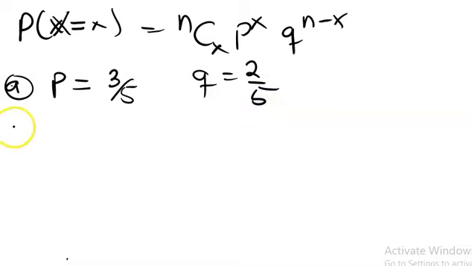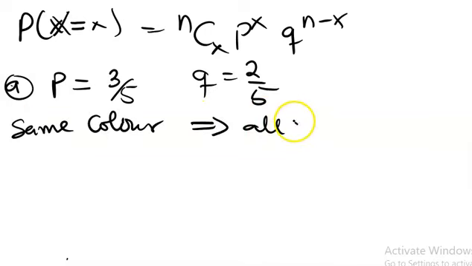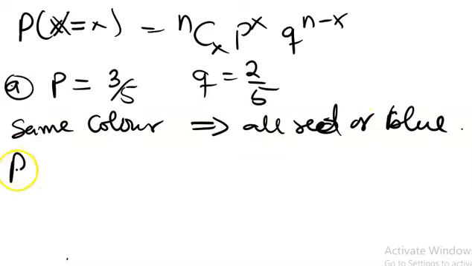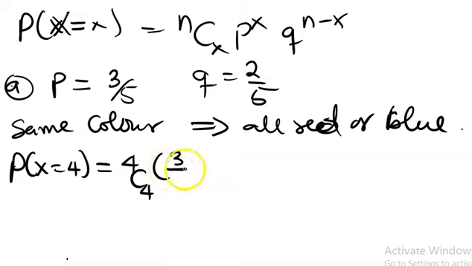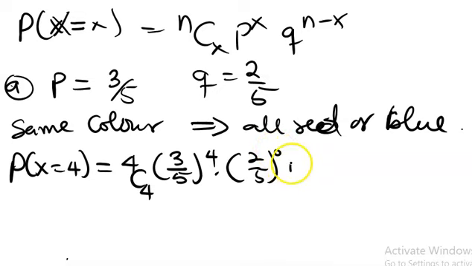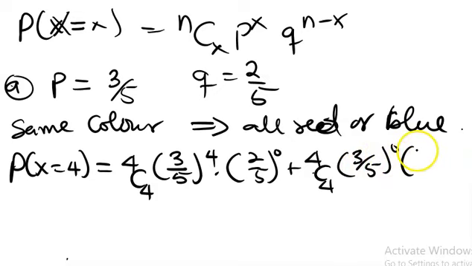The same color implies all red or all blue. So the probability that x is equal to 4 will be 4C4, 3 out of 5 to the power 4 times 2 out of 5 to the power 0, plus 4C4, 3 out of 5 raised to the power 0, and then 2 out of 5 raised to the power 4.